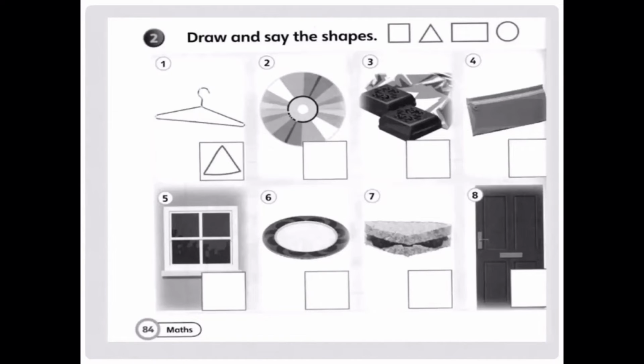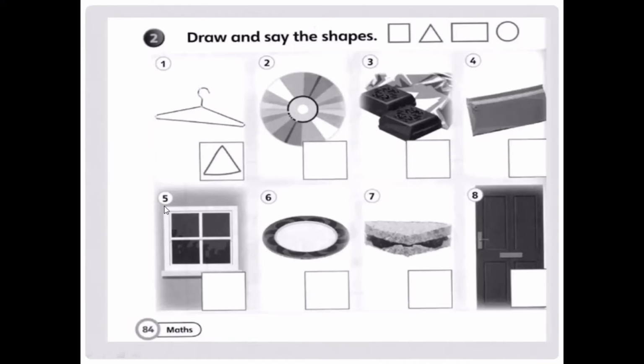So how many circles do we have? We have 2 circles. What numbers are the circles? It's number 2 and 6. What about the squares? What numbers are the squares? It's 3 and 5.